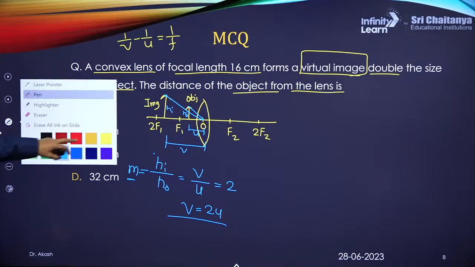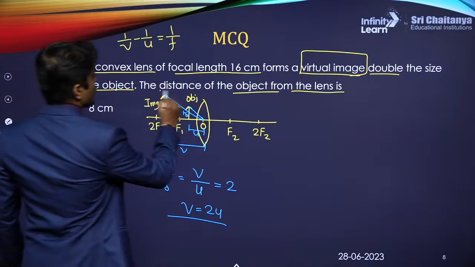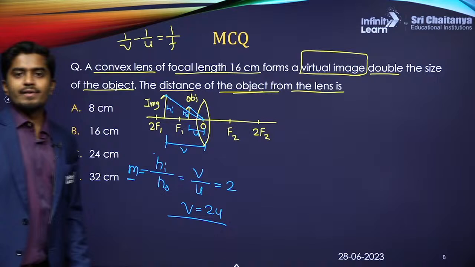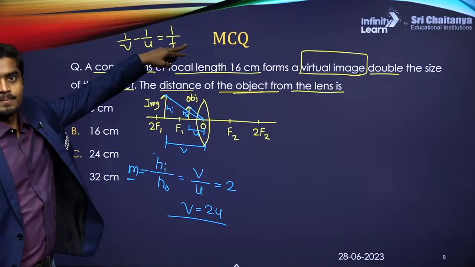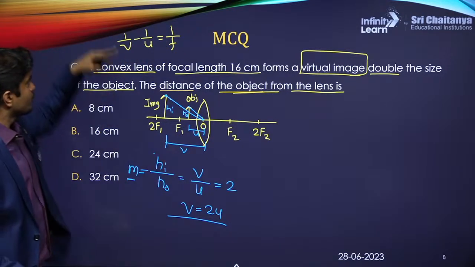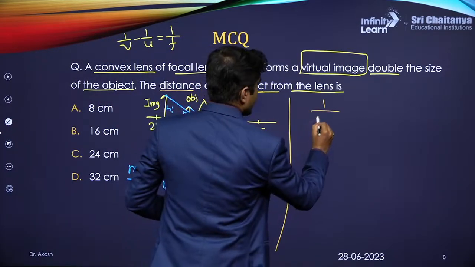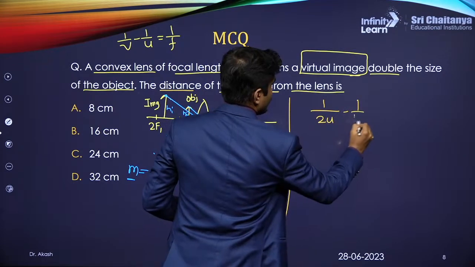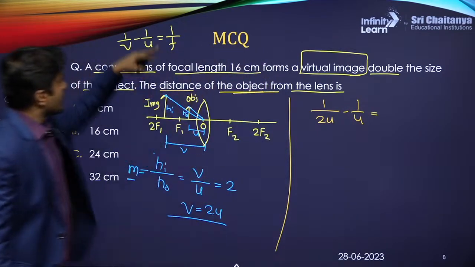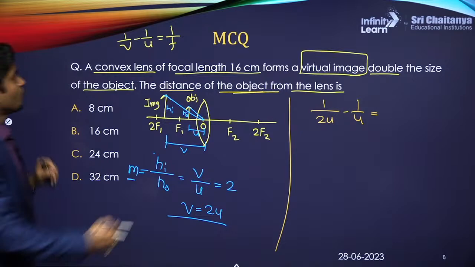Now we have to find out the distance of the object. How will you find out? We have this equation, right? Substitute V is equal to 2U in this equation. So here we have 1 divided by 2U minus 1 by U, which is equal to 1 by F. But what is the focal length?